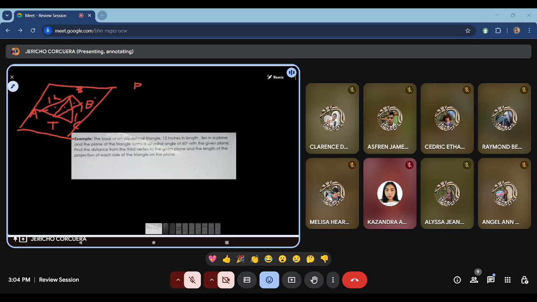We are looking for BB prime, which is the distance from the third vertex to the given plane, and then the length of the projections, AB prime and CB prime. Let's look first for the value of BT before we find the value of BB prime.